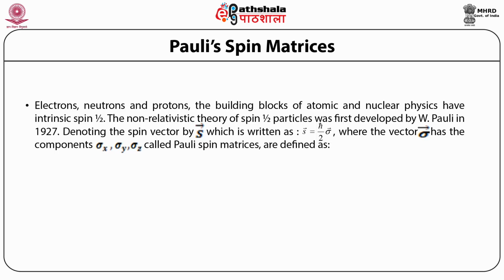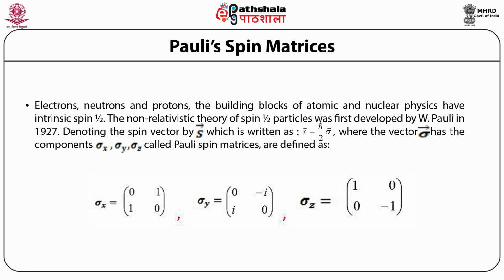That means that the components sigma x, sigma y, sigma z can be defined as follows. Sigma x is equal to the matrix 0, 1, 1, 0, which is a 2 cross 2 matrix. Similarly, sigma y is also a 2 cross 2 matrix given by the matrix 0, minus iota, iota, 0, and sigma z is also a 2 cross 2 matrix given by the matrix 1, 0, 0 and minus 1.